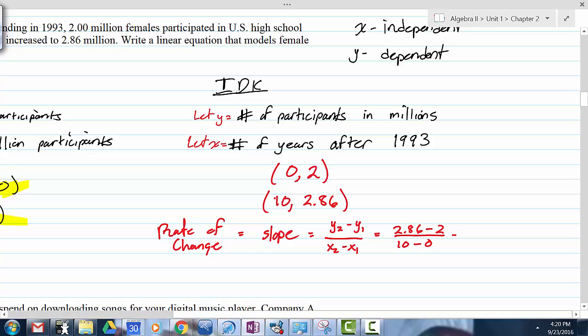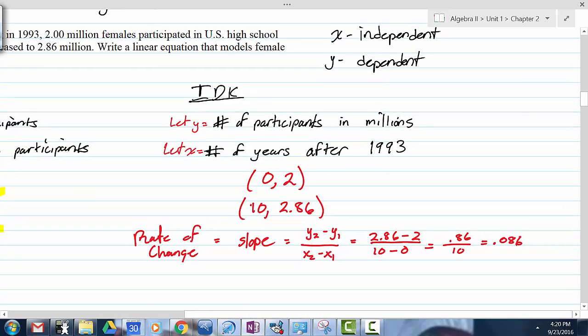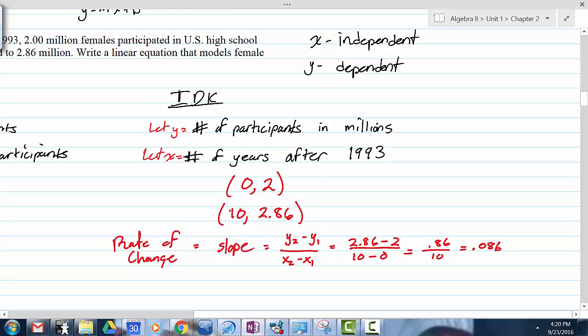We handle that. What's that going to be? 0.86 over 10. If I'm dividing by 10, all I got to do is just jump my decimal point back. So this is just 0.086, right? So I got my rate of change. And now I can find out what my actual linear function is that models this, right?